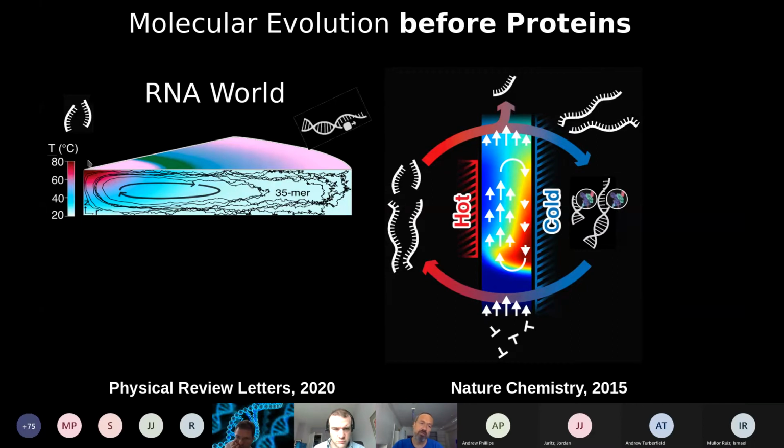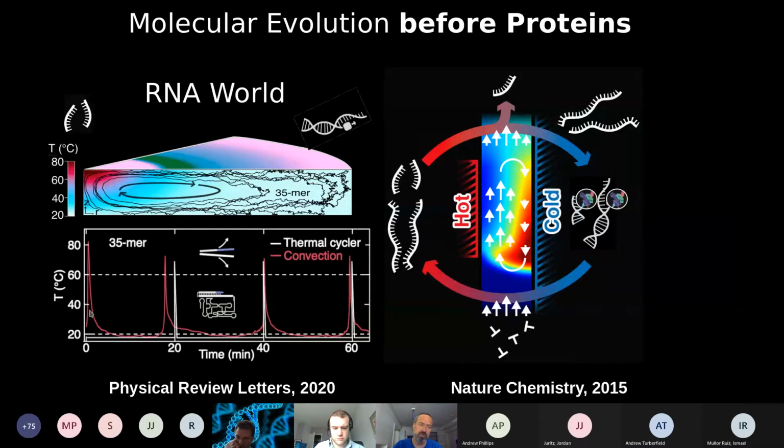And here we have a chamber where we heat in the center, trigger a convection flow, and can actually tune it to the point that we have only short temperature spikes, and let the ribozyme, that piece of RNA, replicate on a template. Again, it's a bit similar like a PCR. You have a template, you have a primer binding to it, and then you get the addition of bases to that. And it is short enough that the temperature spikes when it comes in here are actually separating the strands.